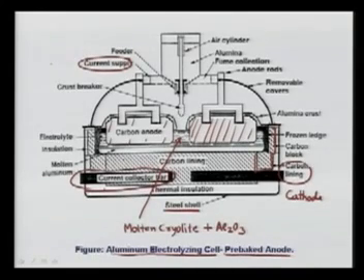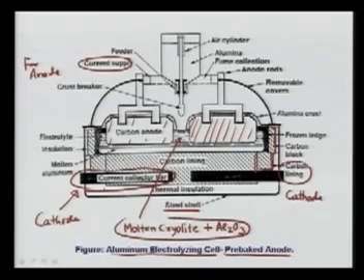So this is for the anode, and this is for the cathode. And this is, as I said, molten cryolite plus Al2O3. We should really call this the electrolyte.